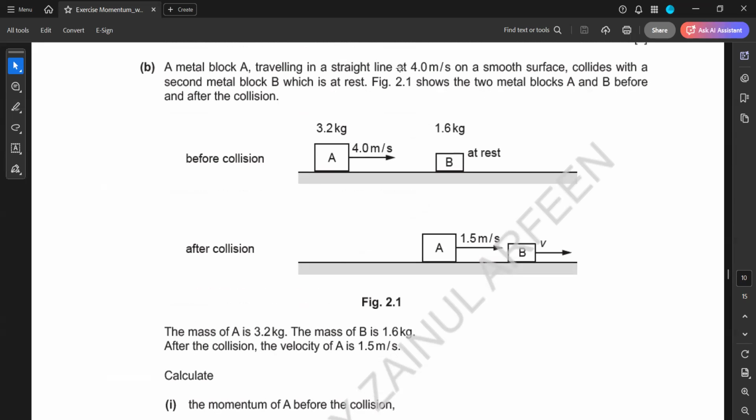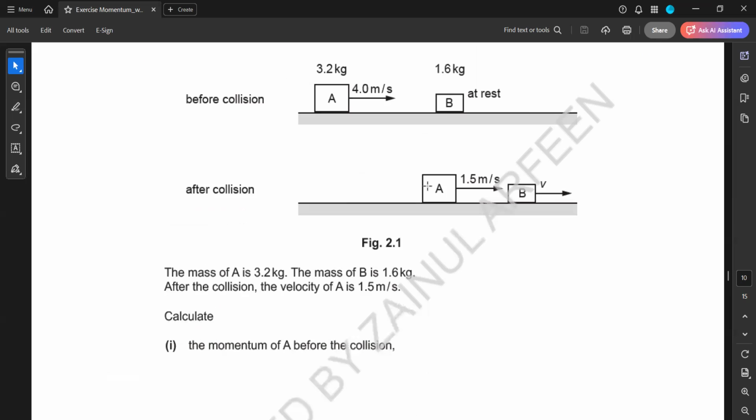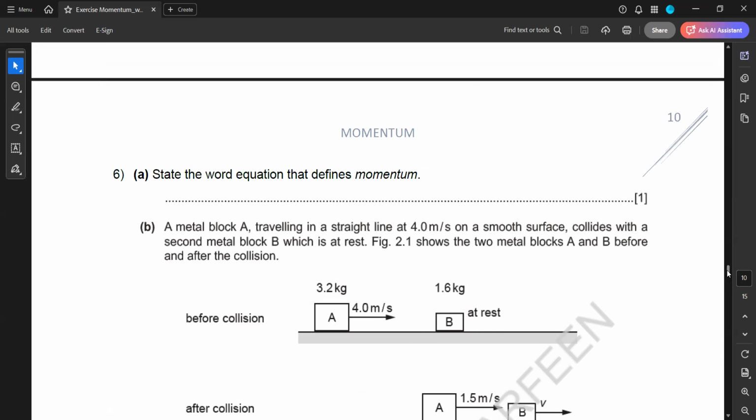So in 6A, instead of the symbol for momentum, can we write momentum equals mv? Actually, it says a word equation. So in a word equation, you are supposed to say that momentum equals mass times velocity.